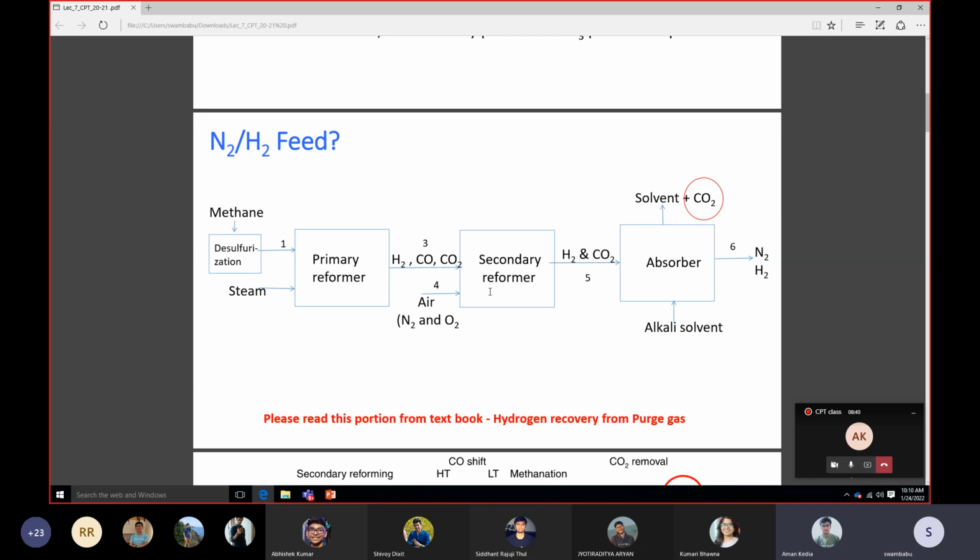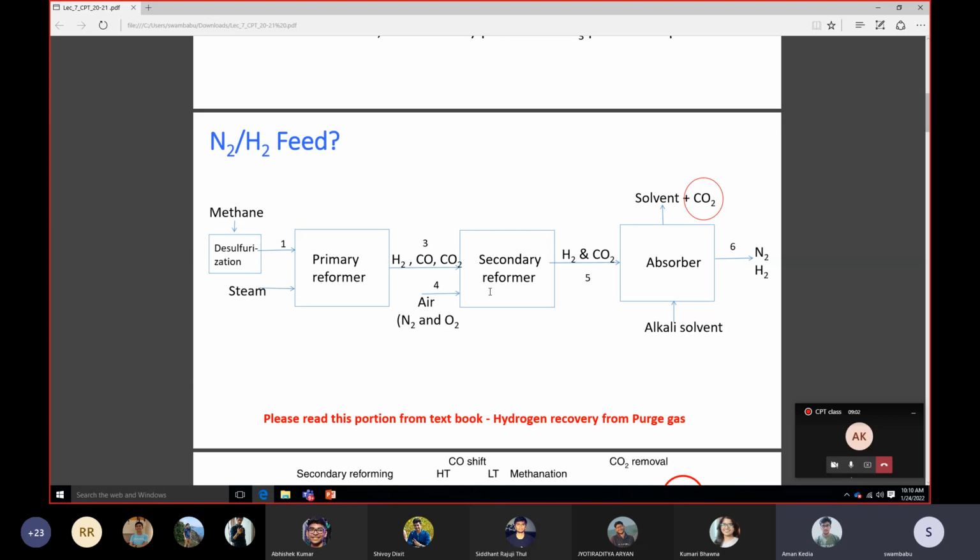Then methane reacts with steam in the primary reformer, producing carbon monoxide and hydrogen, and some amount of CO2 also. That is what happens in the primary reformer.